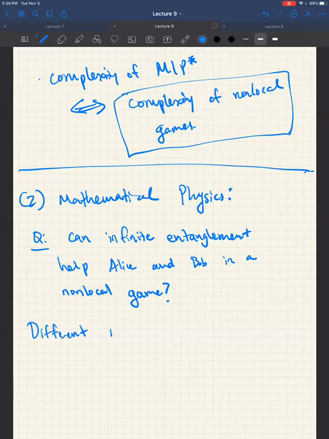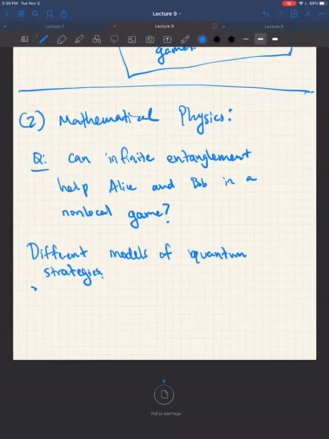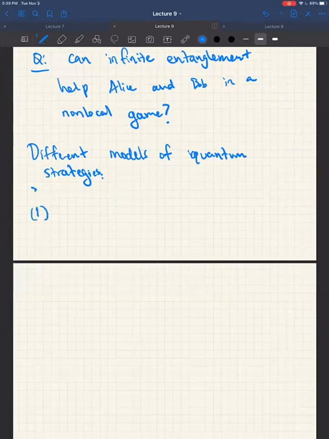So here are different models of quantum strategies. One model is the finite dimensional tensor product model.